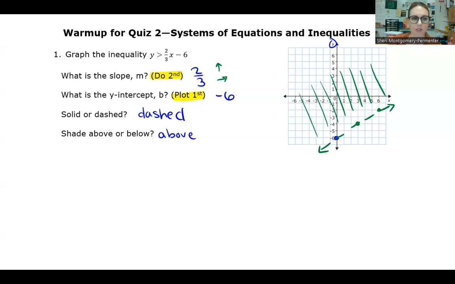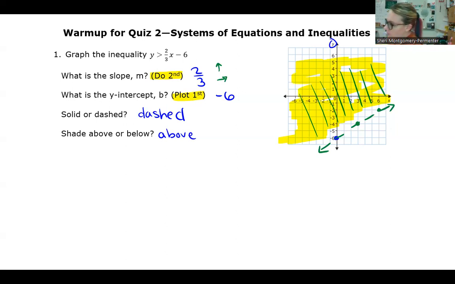So this should all be shaded. That's my shaded region. And you don't have to make it solid shaded. It's just that's the shaded region.